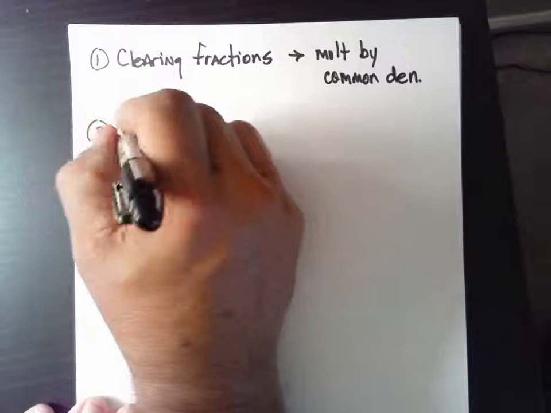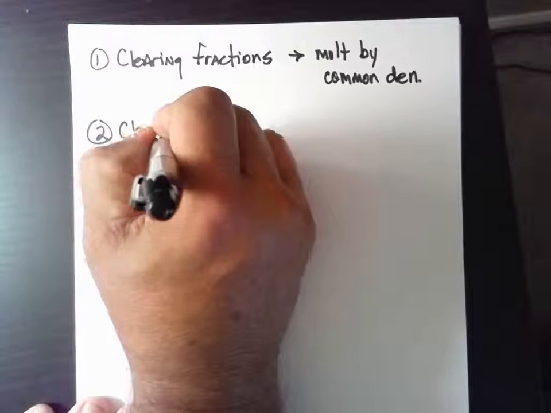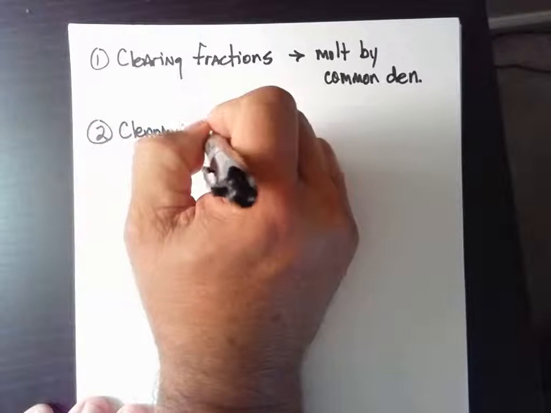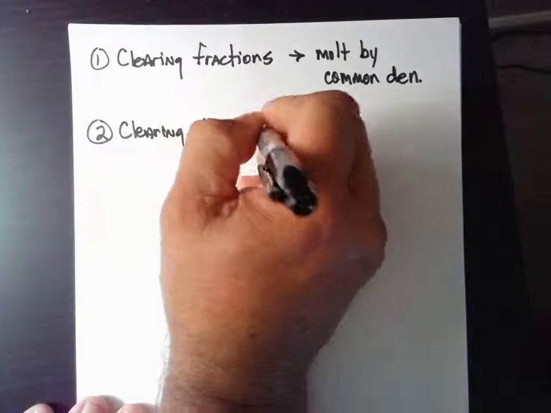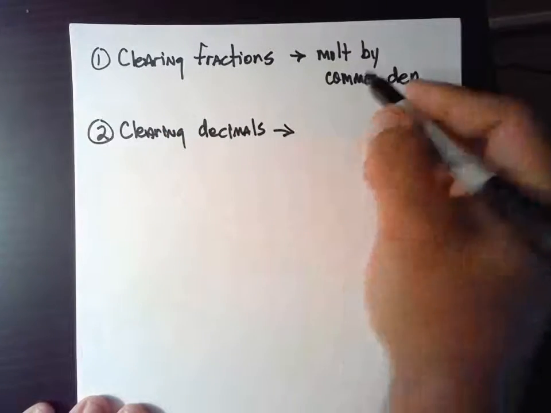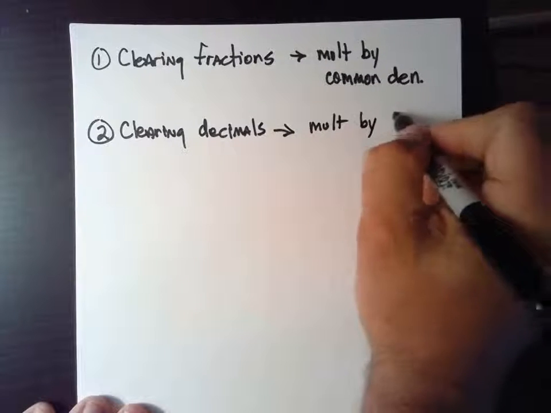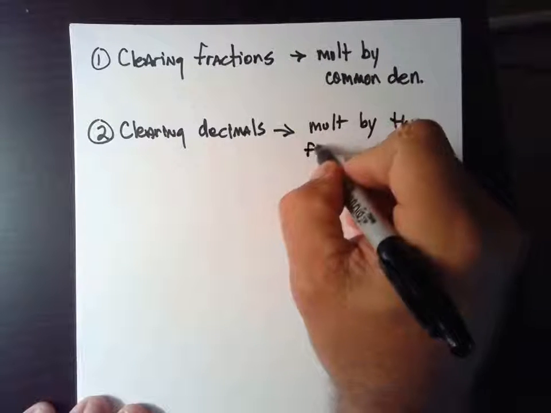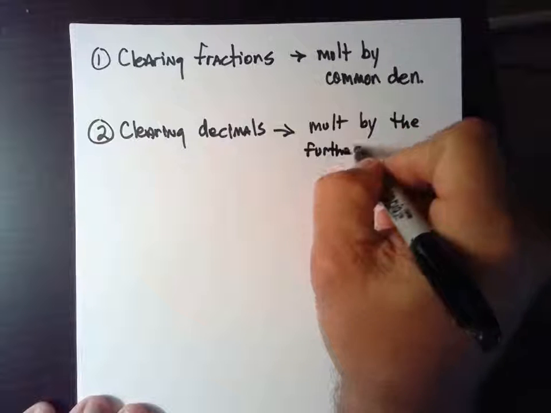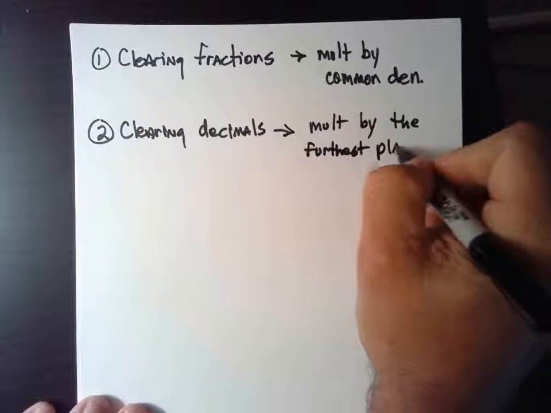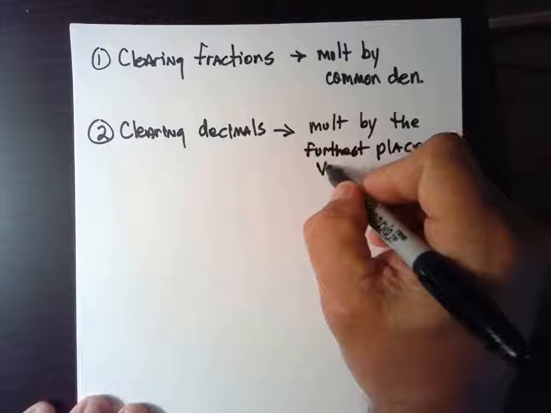When clearing decimals, multiply by the furthest, I know this don't sound good, but place value. You'll understand when I explain.